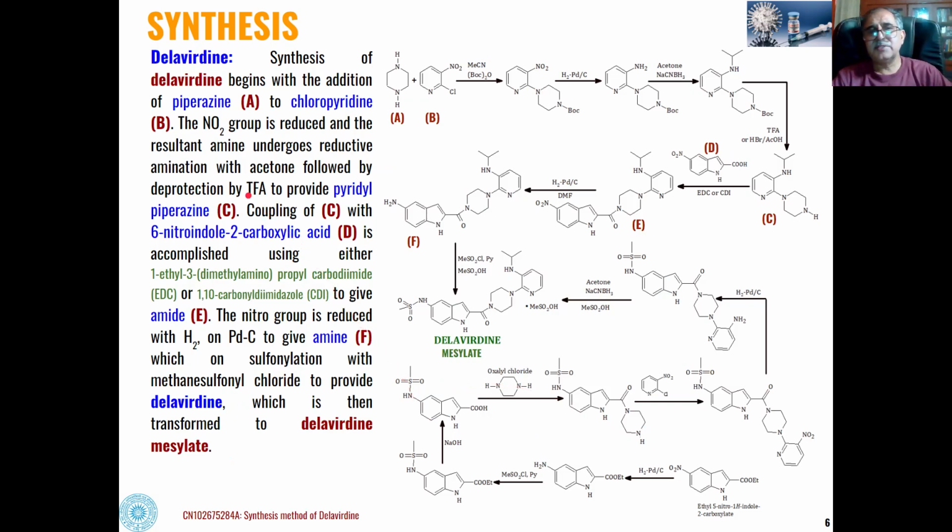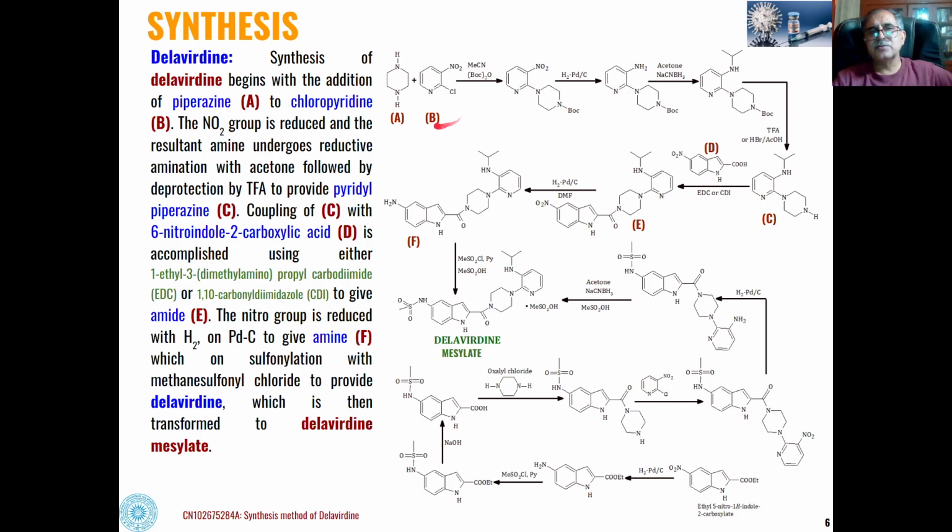And then as far as synthesis of this antiviral drug is concerned, the starting materials are piperazine and 2-chloro-3-nitropyridine. Both of these are reacted in presence of acetonitrile and BOC.